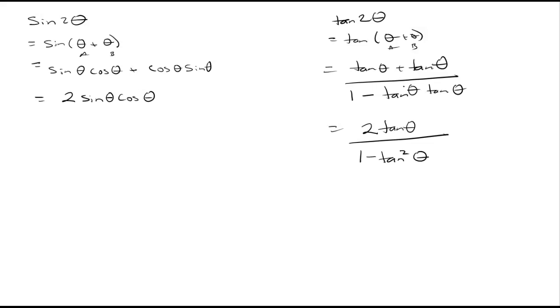Okay, so what we're going to do is take this newfound information and find the values of the 6 trig functions of theta, so notice regular theta, given this information.